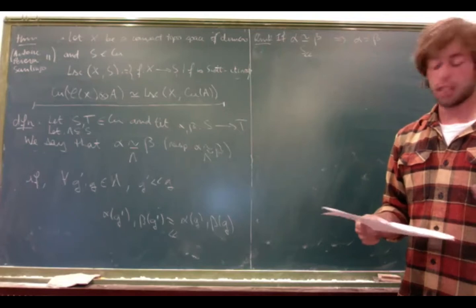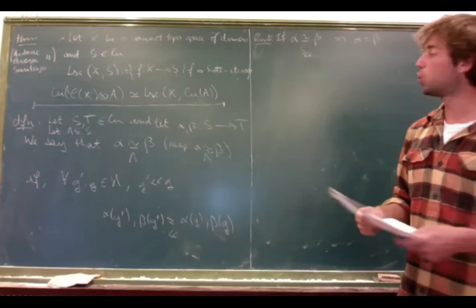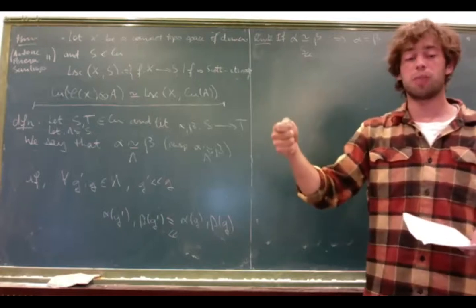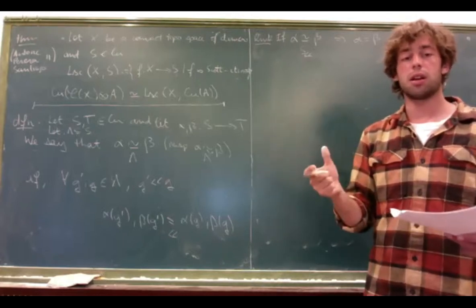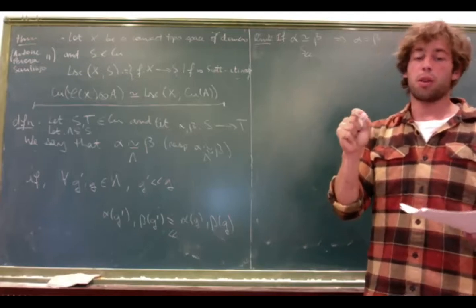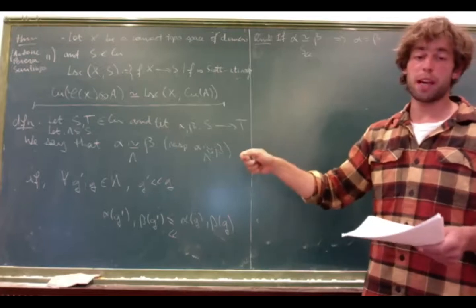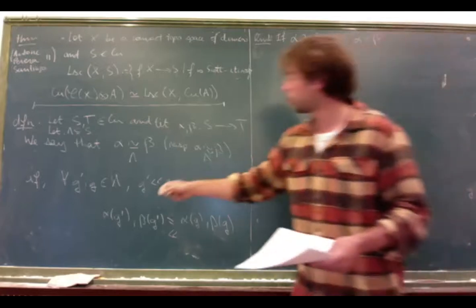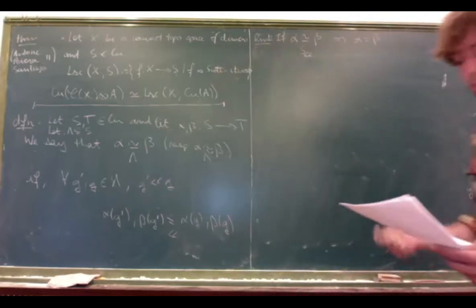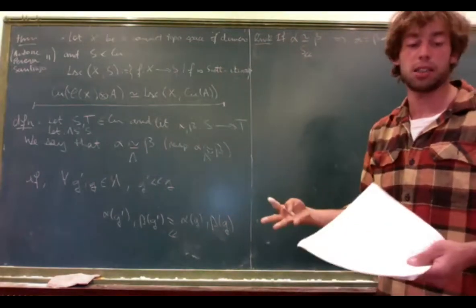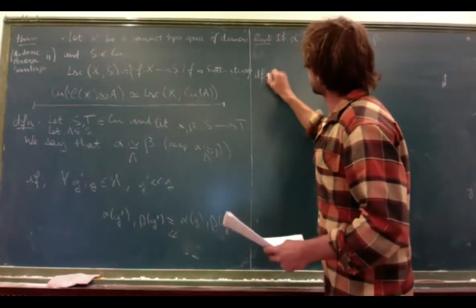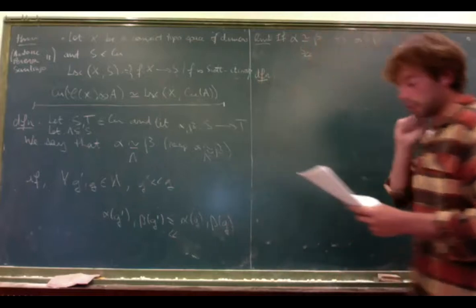And that's why I need to be able to approach any element of my Cuntz semigroup in a uniform way, a controlled way where I know where the approximation of my elements will end up, on some lambda that I choose beforehand, that has some nice property.